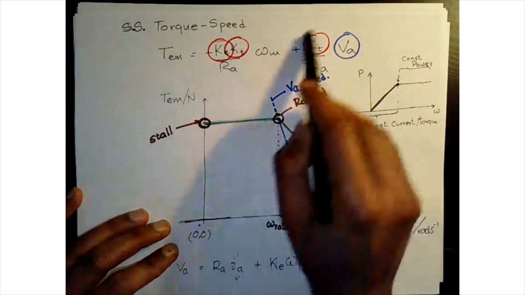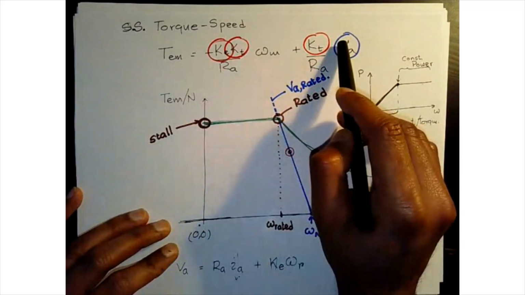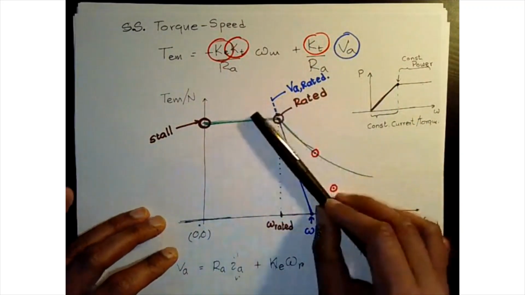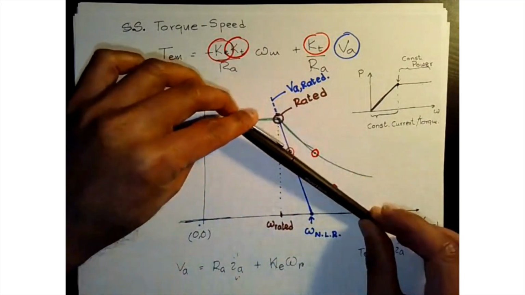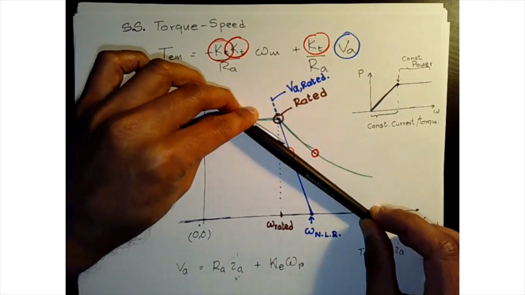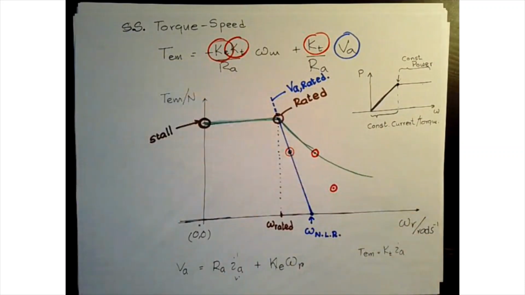And then what does this tell us? This tells us our no load speed is also impacted. So essentially, you're going to have a curve with a different slope and a different x-intercept. Okay, so with this new Ke, I'm going to try to find a color here that's not going to confuse you guys.